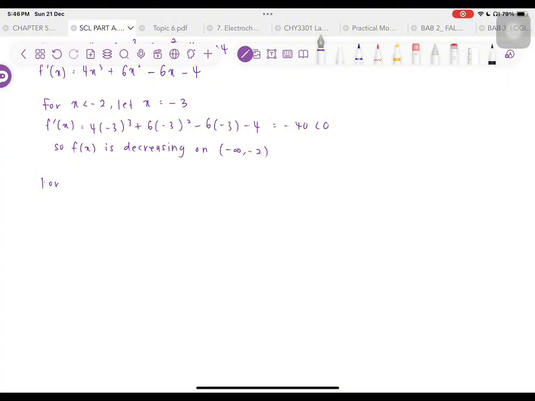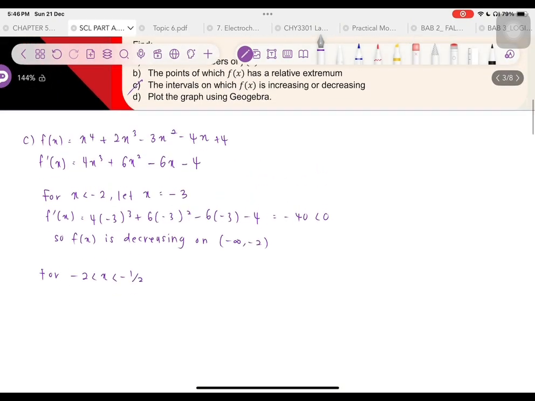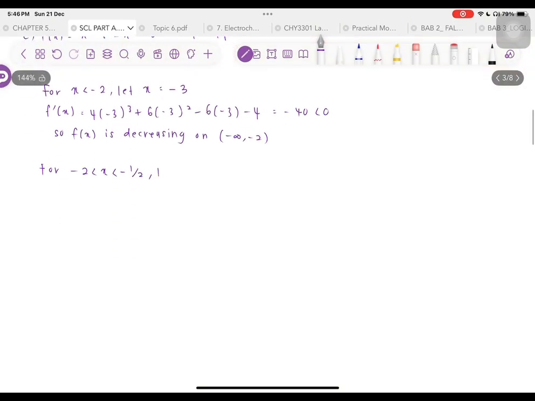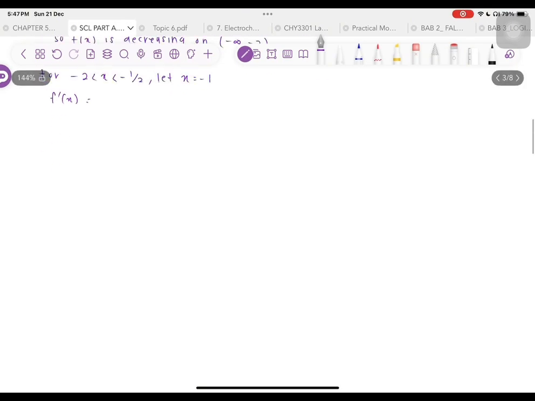Next, for -2 less than x less than -1/2, we will let x equal to -1. So we need to substitute -1 in the equation.